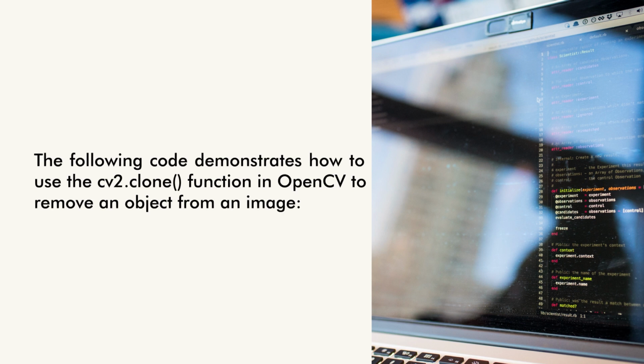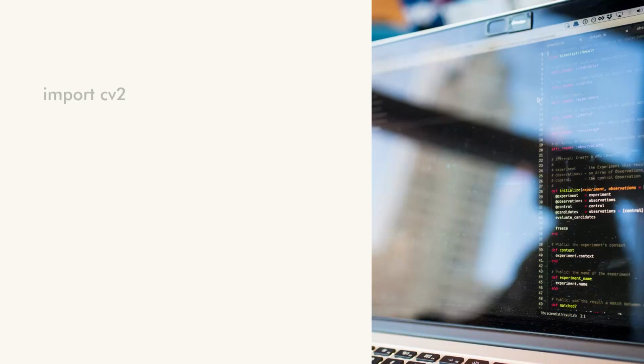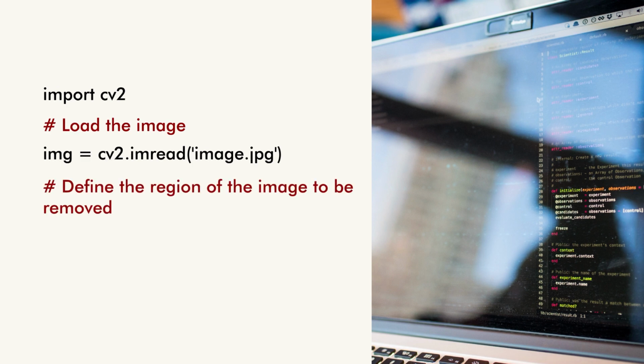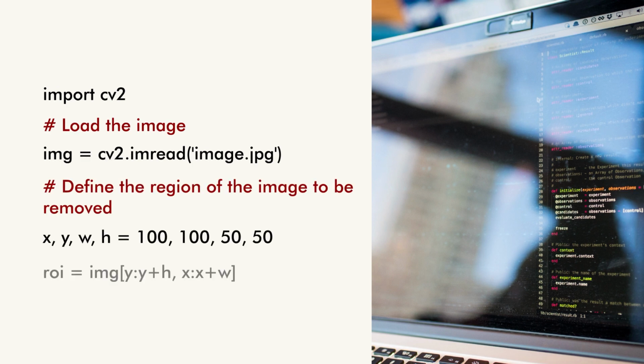The following code demonstrates how to use the cv2.clone function in OpenCV to remove an object from an image. By this code, we can learn how to use this cloning function. So, here we have to import the library, then load the input image, then define the region of the image to be removed.